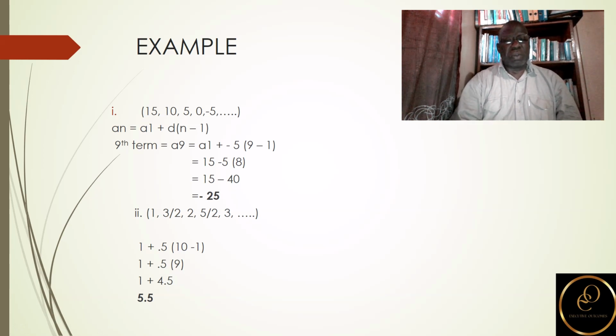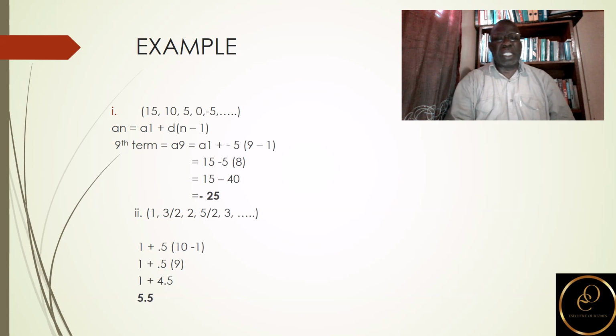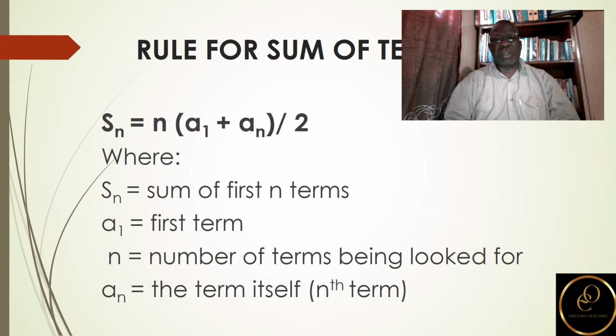So we have 1 plus half times 10 minus 1. Half times 10 minus 1 gives you 4.5, which we add to 1, giving us 5.5. This means the 10th number in this series will be 5.5.